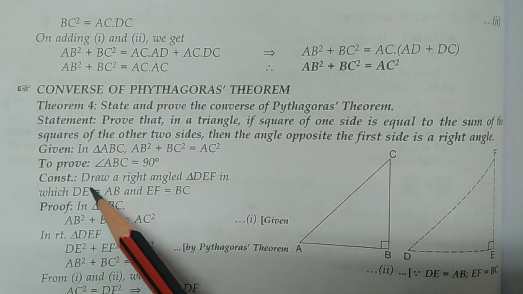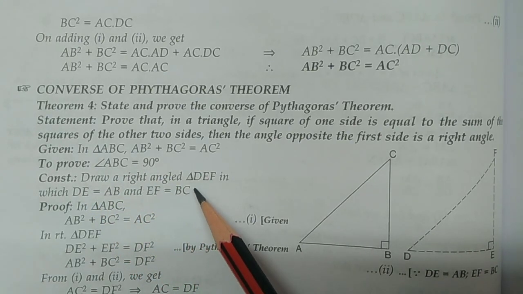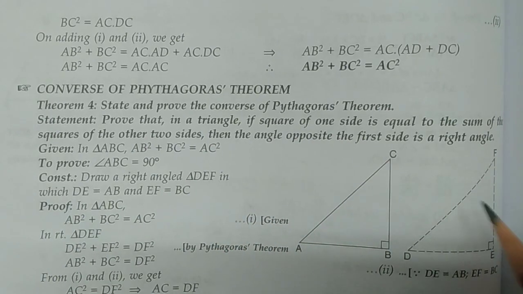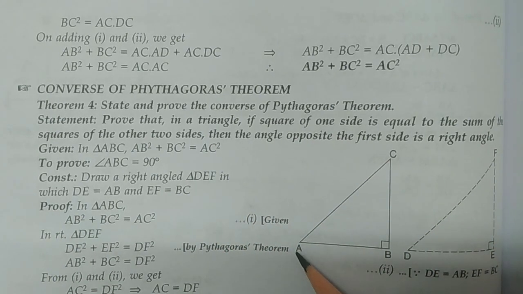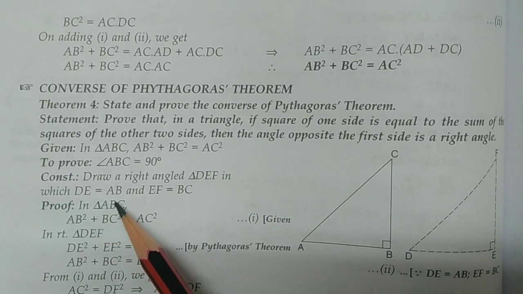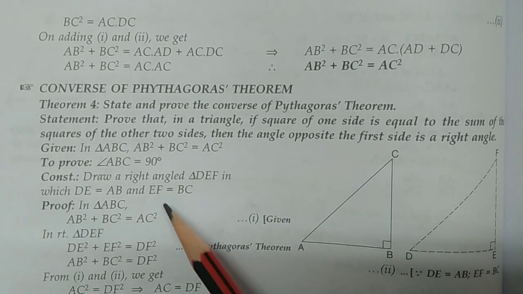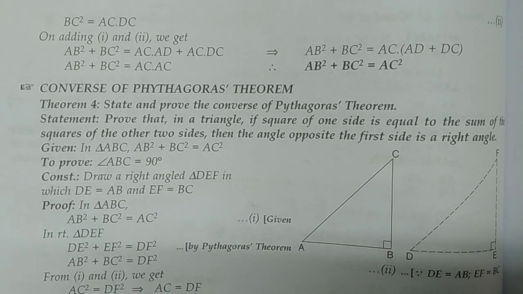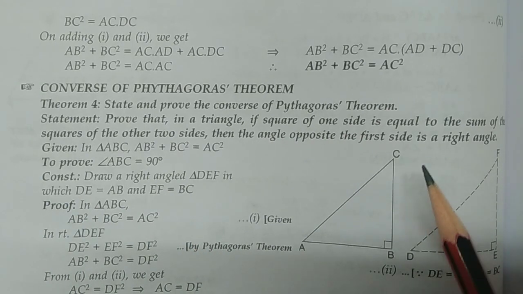Construction: draw a right-angled triangle DEF. First it's triangle ABC, then a constructed triangle DEF is drawn, in which DE equals AB and EF equals BC. It's given.